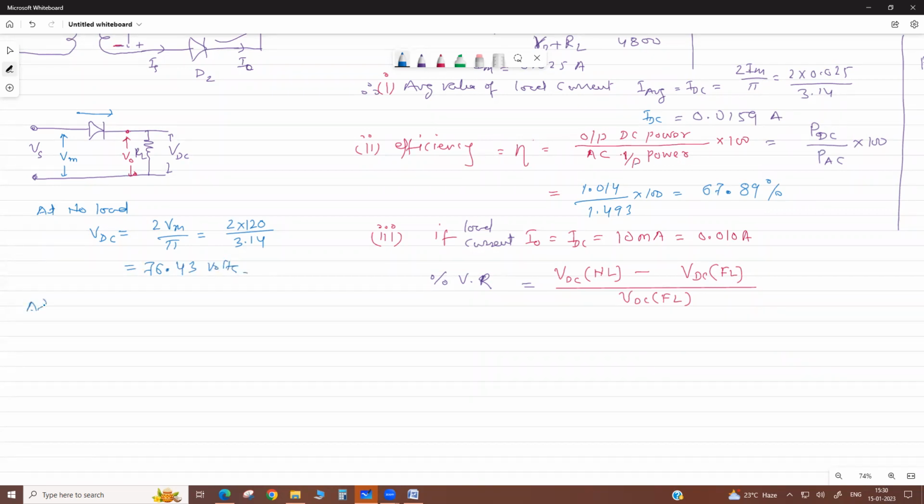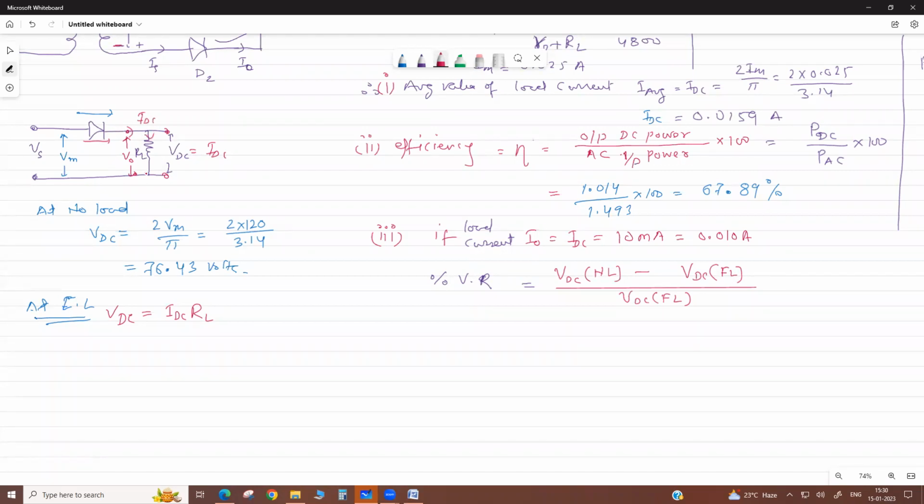Now at full load, when this resistance is connected, there is also a drop in the diode. Now you calculate VDC. We can calculate IDC into RL, across this load resistance. This is your output voltage. Across the load we measure this, and it will give you IDC if the load current flows.